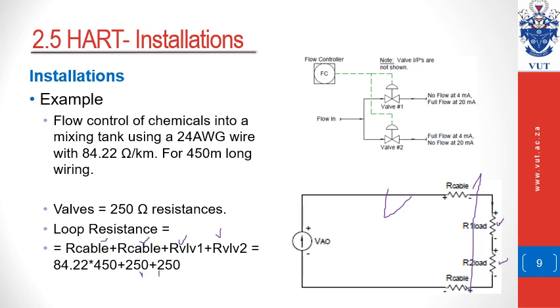We are told in this case that the total wiring of the circuit is 450 meters long. So the resistance of the cable, R cable plus R cable, both the forward and the return path, will simply be 84.22 ohms per kilometer times 450 meters. Therefore, the loop resistance will be a total sum of these three.